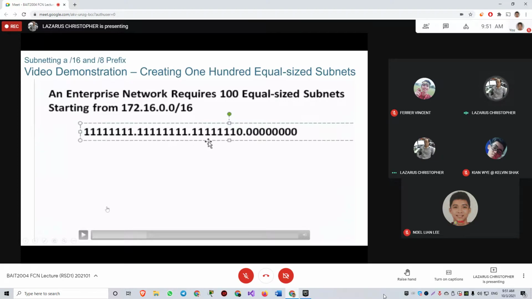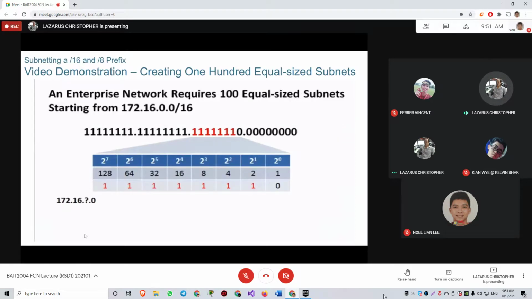So let's continue this. I'll need to create 128 subnets to meet the requirement of having 100 equal size subnets. I've highlighted the borrowed bits in the subnet mask. We borrowed 7 bits. 2 to the 7th power is 128, creating 128 subnets. The last one in the subnet mask is in the 2's place, so I know that the networks will go up by 2.